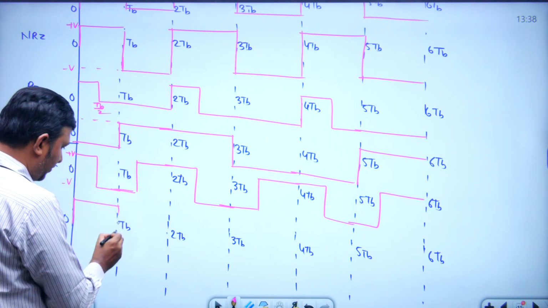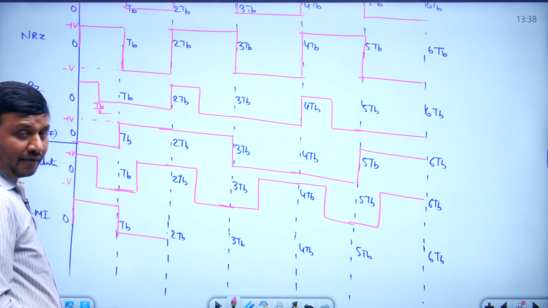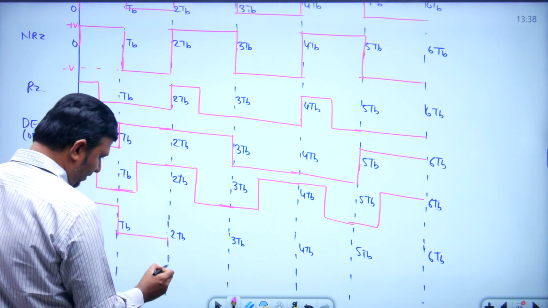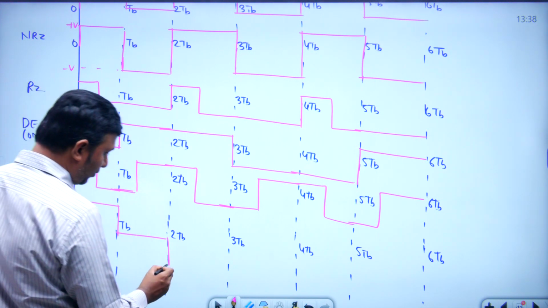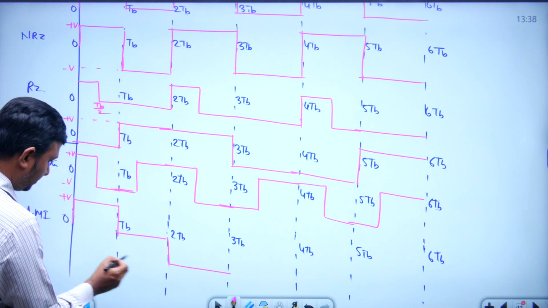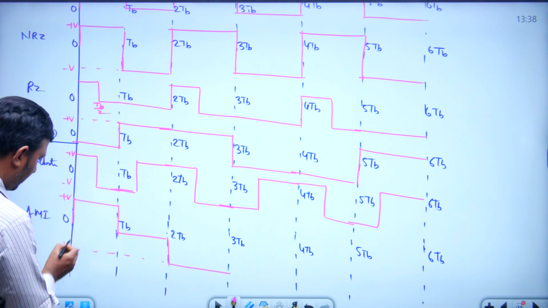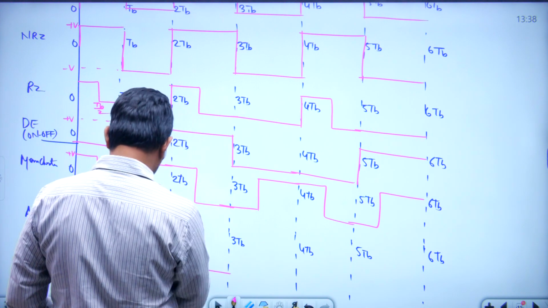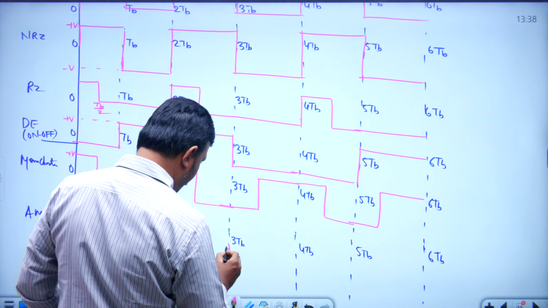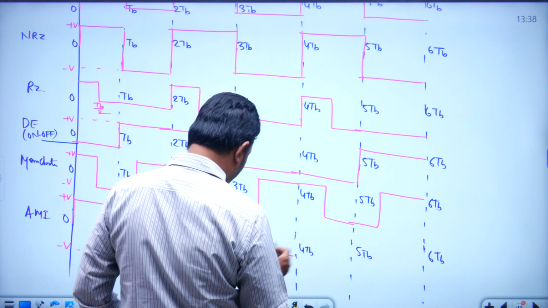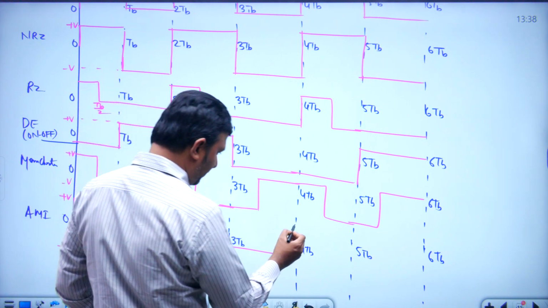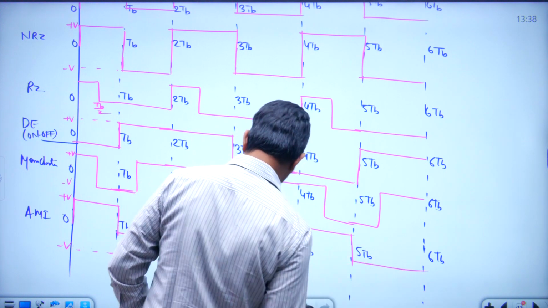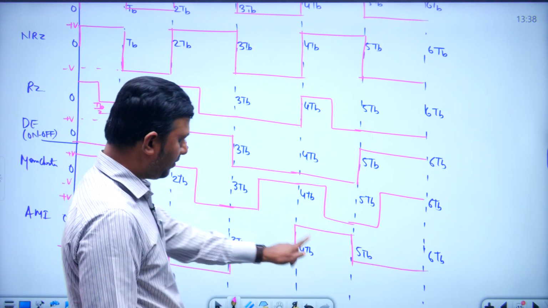The second one is 0, which means nothing. Again 1 means, as we used this one for the previous 1, the inverted rectangular pulse must now be used. Again 0 means nothing, and again 1 means we use the inverted one, and so on.